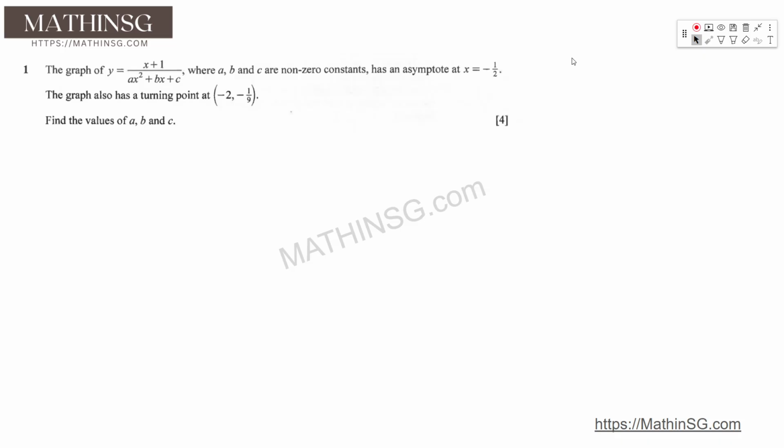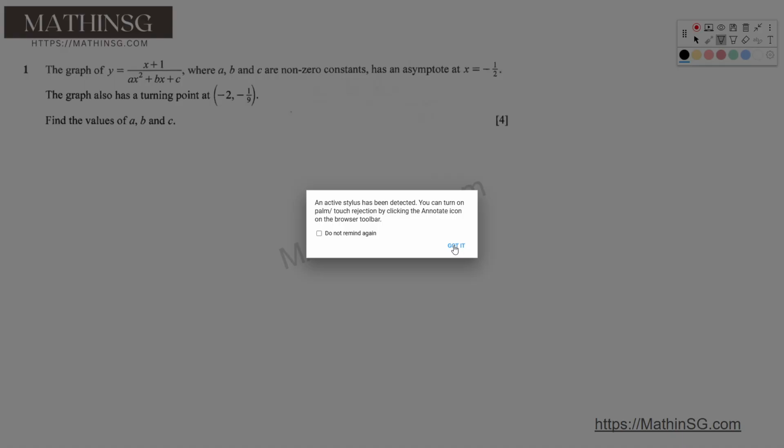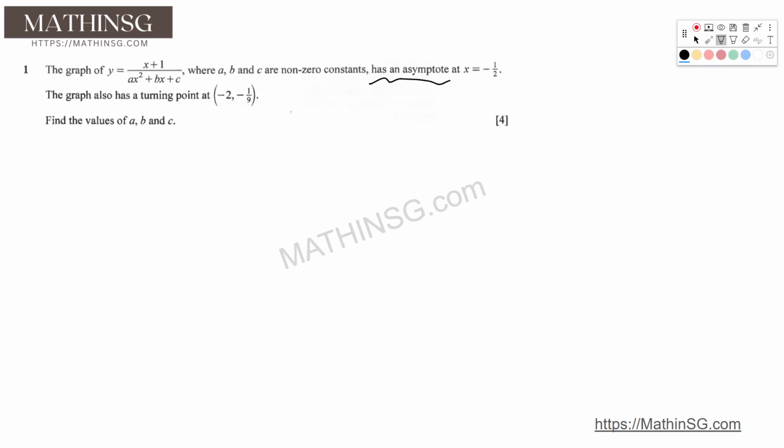So from this sentence, we know that ax squared plus bx plus c is equals to 0 when x is minus half. So we can form our first equation.